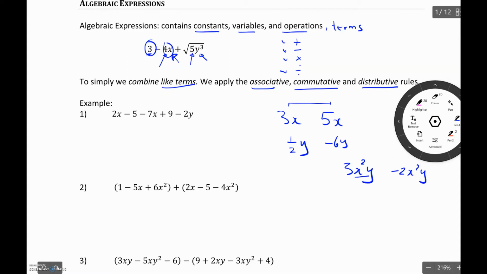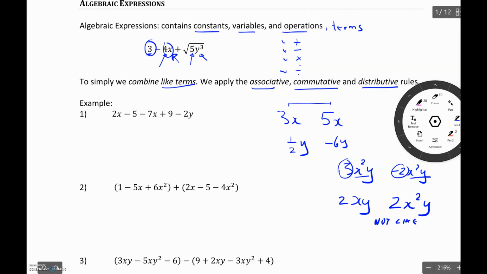The x squared y is the same variables raised to the same exponents. Numerical coefficients make no difference. All right. x, 2xy, 2x squared y are not like terms. Not like.